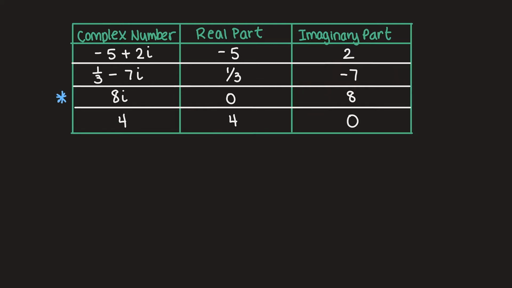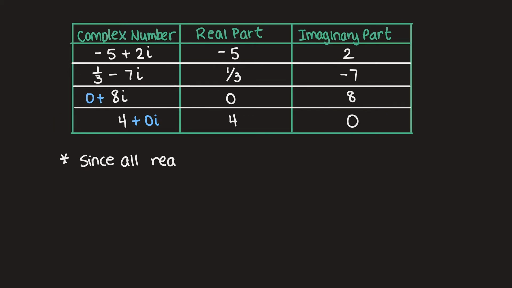Note for the complex number 8i that it can be written in the form a plus bi as 0 plus 8i. And likewise, besides 4 being a real number, it can also be considered a complex number because it can be written as 4 plus 0i.